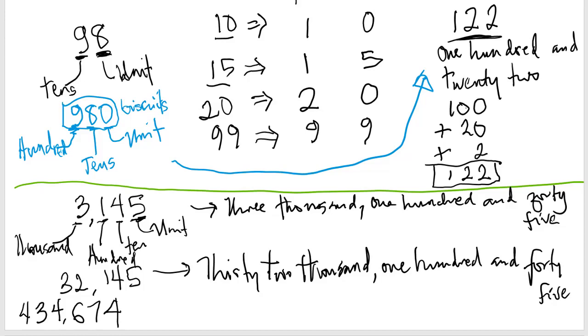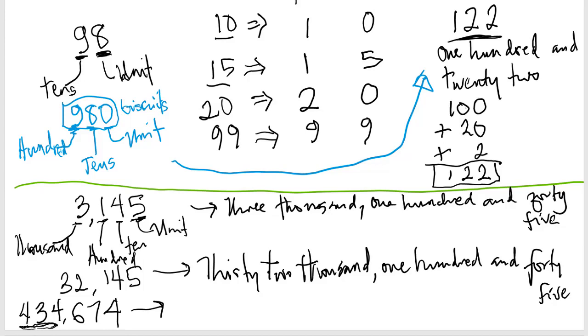So this will be called 434,674. Okay, 400. You can see we're in the thousands, but this thousands has hundreds in it.